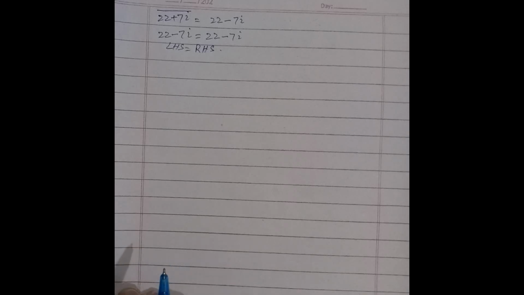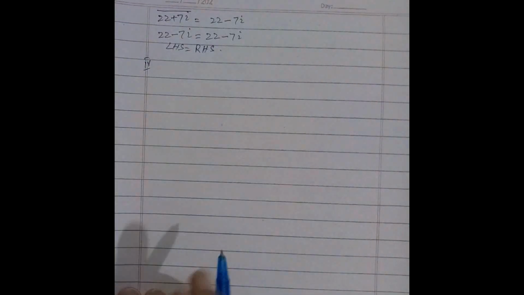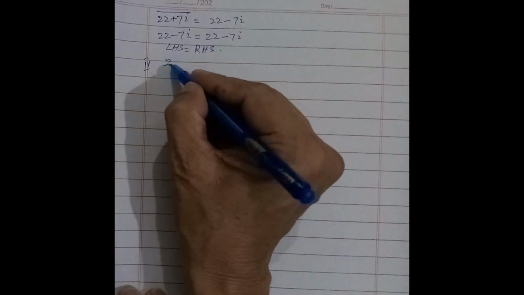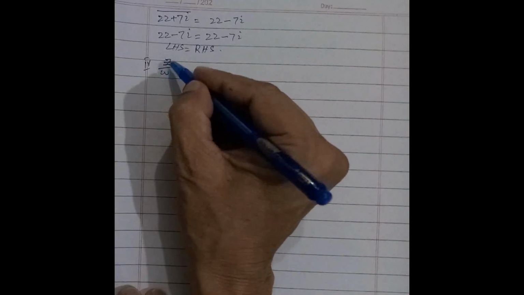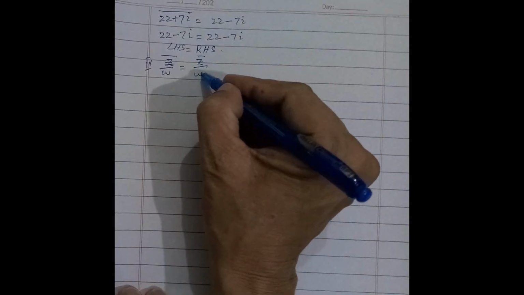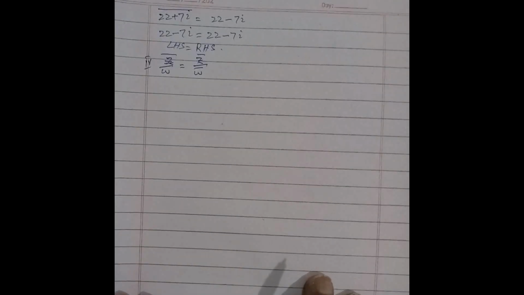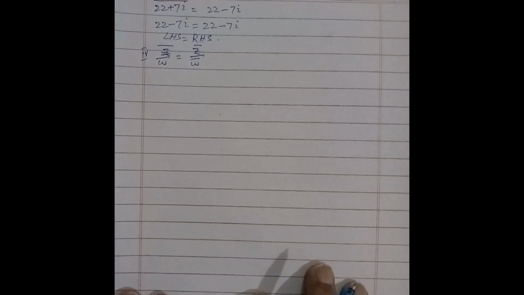Now the fourth part, in which the conjugate of z over w is equal to z bar over w bar. First we put the values of z, w, z bar and w bar.